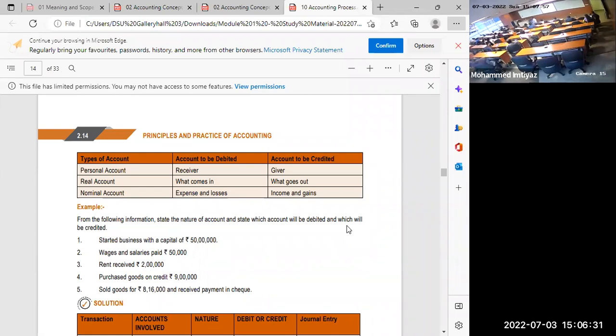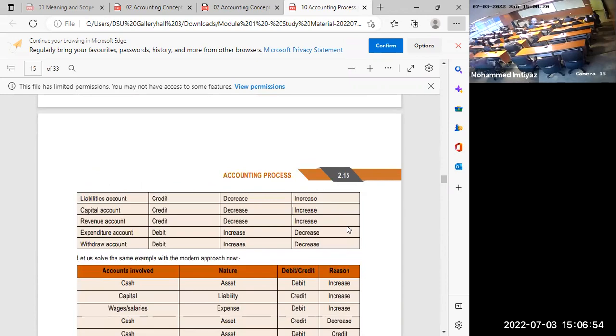Premium is an expense. Expense comes under which account? Nominal account. The nominal account rule says expenses and losses should be debited. So insurance premium account debit to cash account. You write it in the particulars column. Just for example.